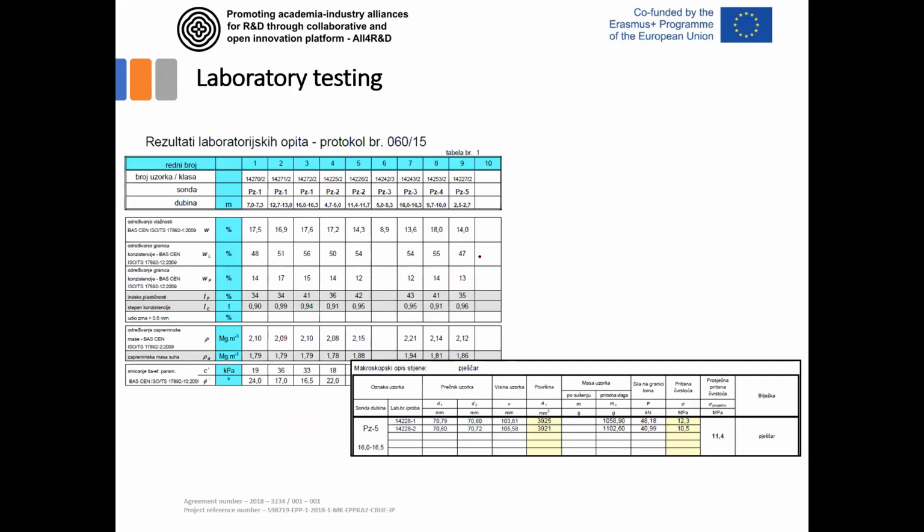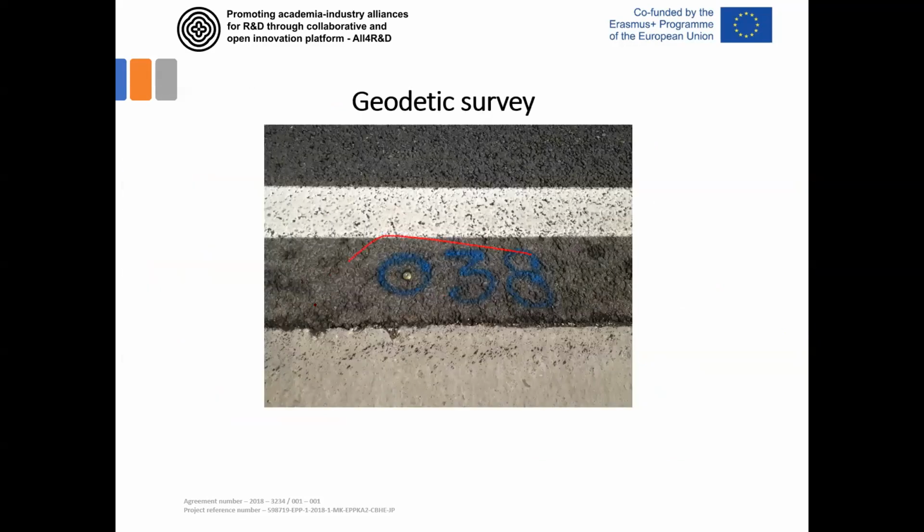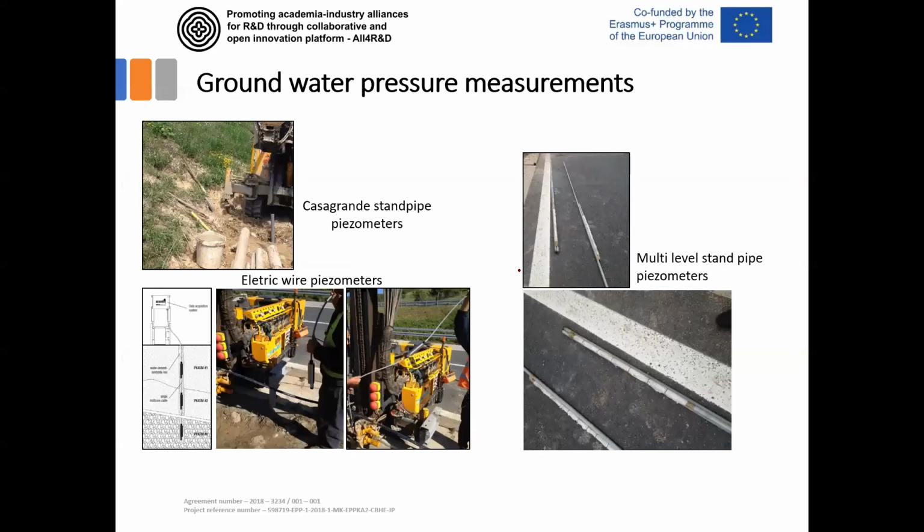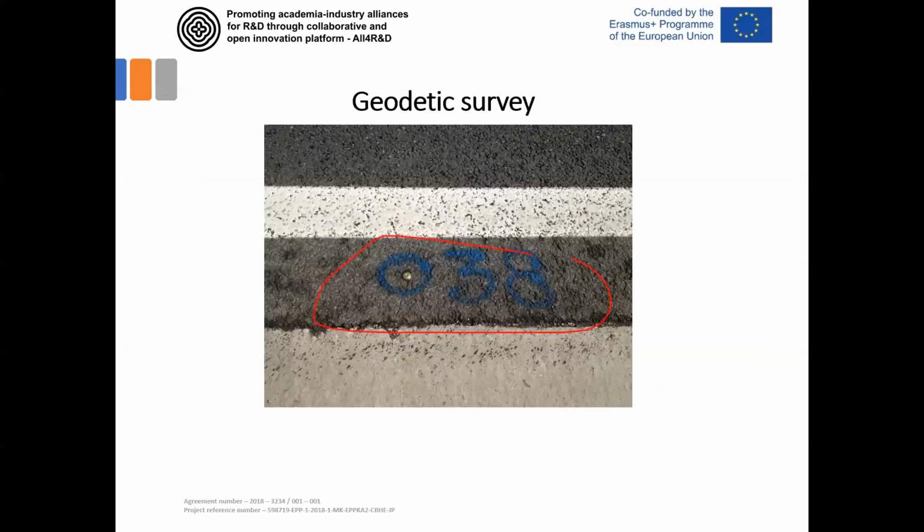The laboratory testing concentrated on defining strength parameters. The strength parameters of soil-like materials are similar to the ones reported in the previous literature. The geodetic survey indicates no significant displacement in the first year of the measurements.